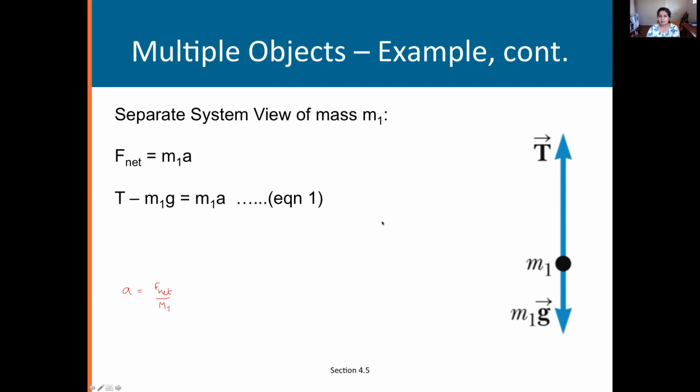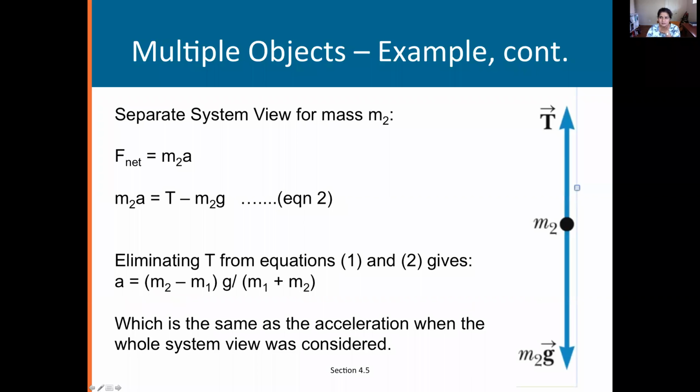I'm going to do something very similar, analogous to this, for the other system. Just a second. I just want to clear or dry. And let's go to the second system. And here we also have the tension upwards, M2g downwards.